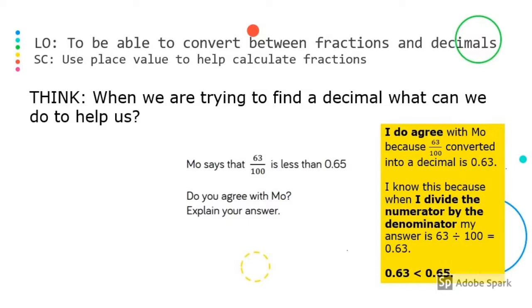I know this because when I divide the numerator by the denominator, my answer is 63 divided by 100, and this makes 0.63. 0.63 is indeed less than 0.65. Can you see how on the screen, when I've answered this question, I've said whether I agree or not, I've used my maths to prove it, and I've explained. Remember to do this when you're asked to do a think question.